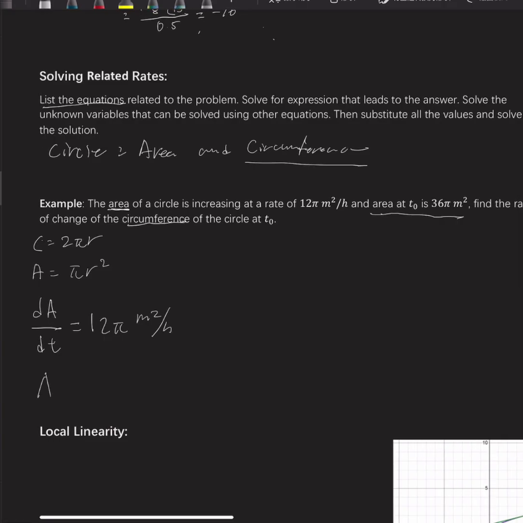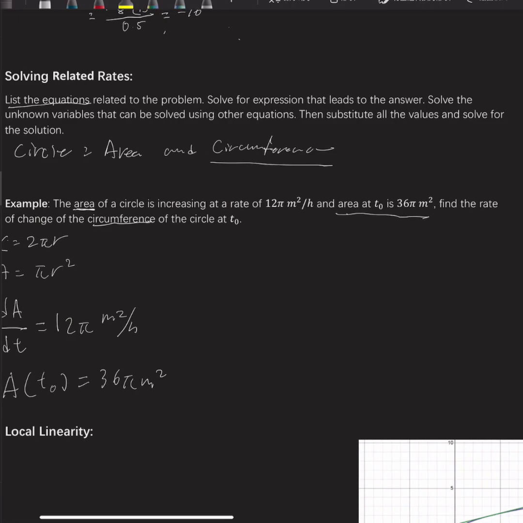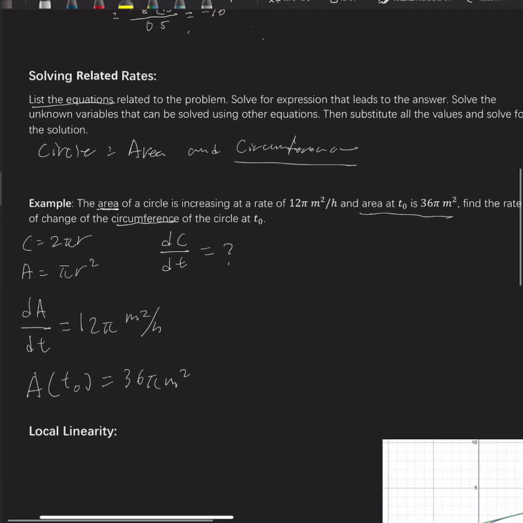And we need to find the rate of change of circumference, which means that the derivative of circumference with respect to time is unknown. That is the target value we need to find. So let's solve for it. dC/dt, we have the equation for the circumference.